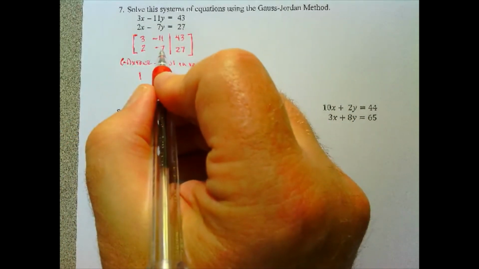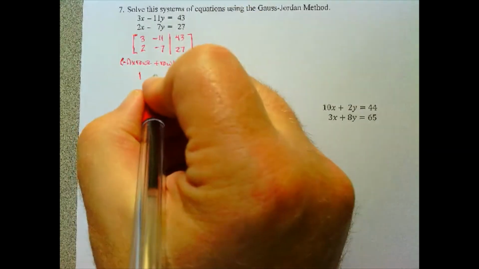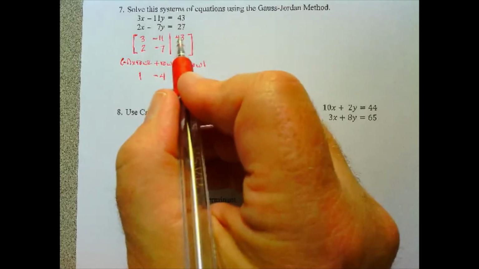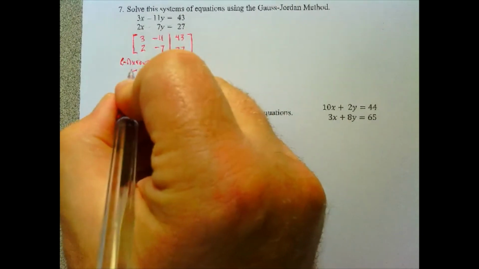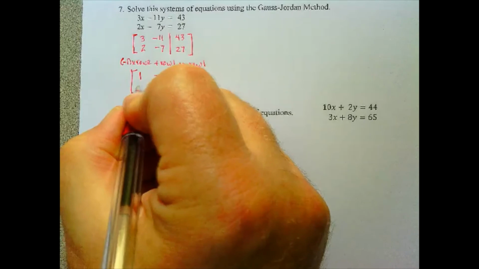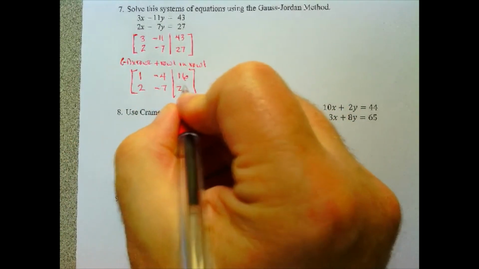Negative times negative 7 will be plus 7, and a negative 11 would be negative 4. Negative 27 and 43 will be 16. So I have changed row 1, but I do not change row 2 at this point. So I have 2, negative 7, and 27 there.